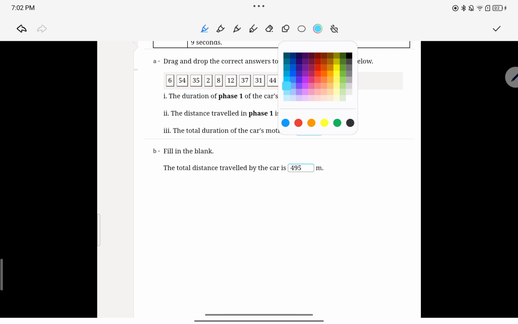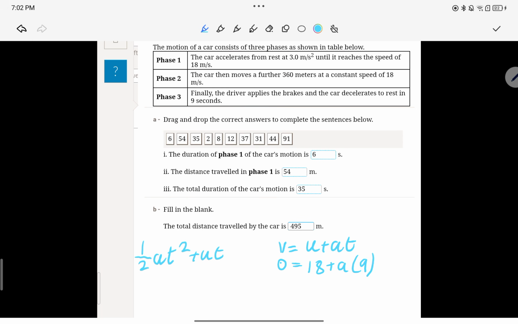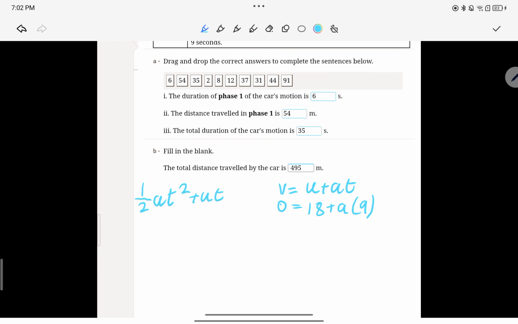Now the first thing we have to find is a, so we can use this formula. So let's find a. v equals u plus at. v is 0, 18 plus a times 9.